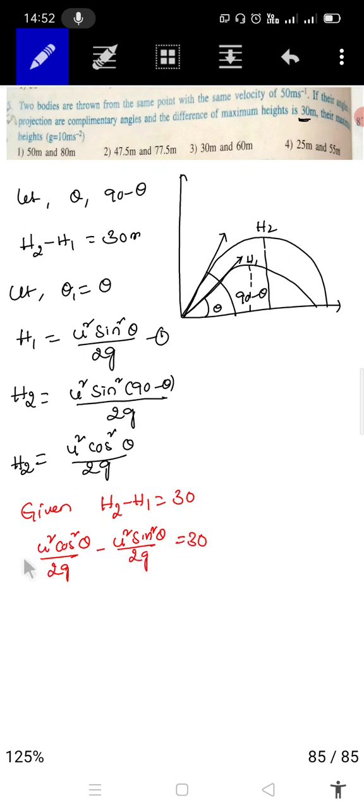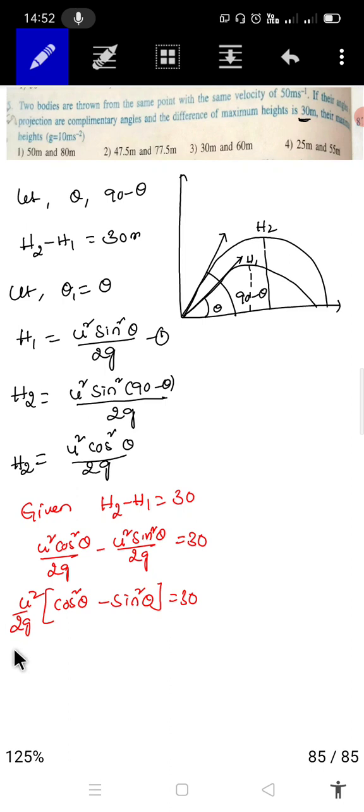Now we take u square by 2g common, and the remaining is cos square theta minus sin square theta, equal to 30.